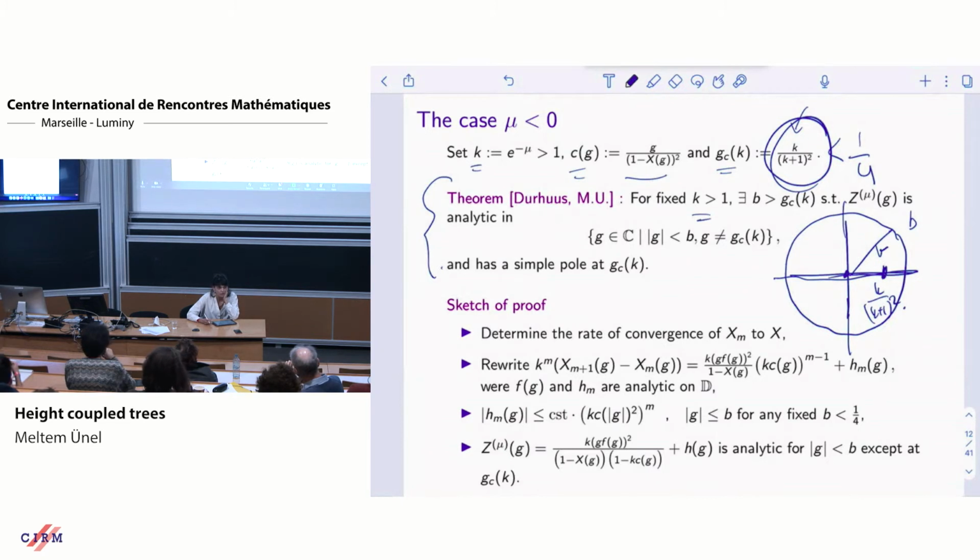Okay, once I know the critical behavior of this generating function, now I can easily understand the asymptotic behavior of its Taylor coefficients.